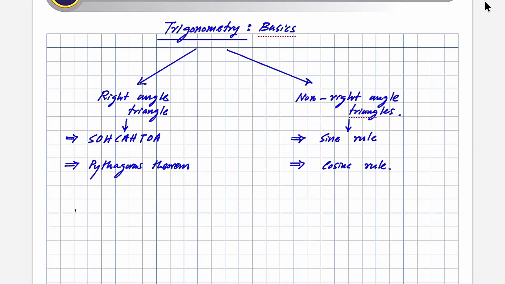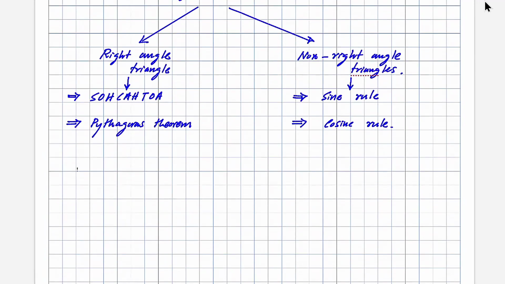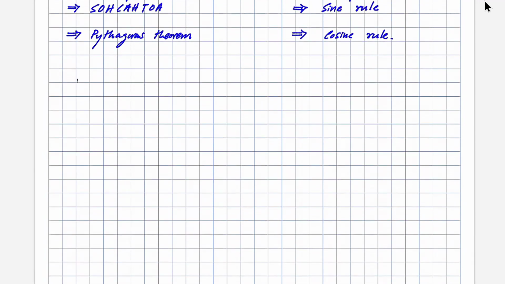We need that, right? Now, let's talk about right angle triangles, related theory.